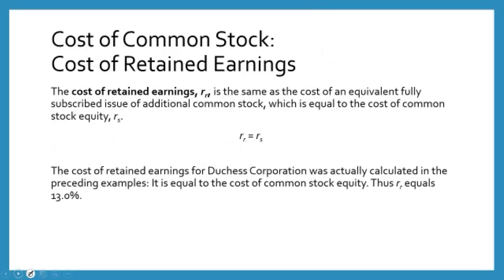Retained earnings is equal to that amount. The cost of retained earnings for Duchess was actually calculated in the preceding example. It is equal to the cost of common stock. Thus, the cost of capital is R equals 13%.